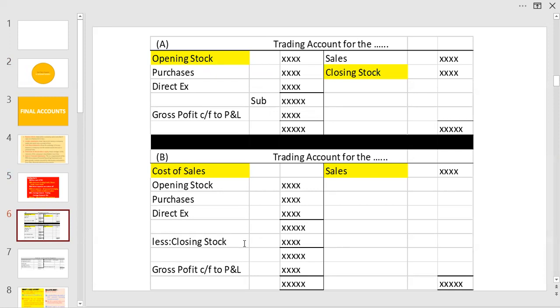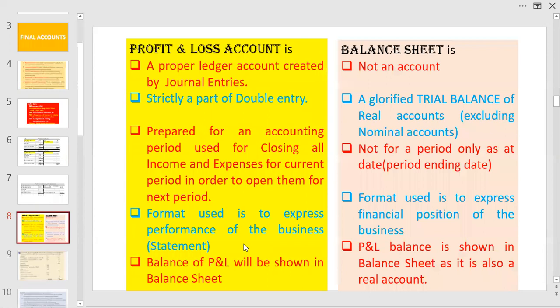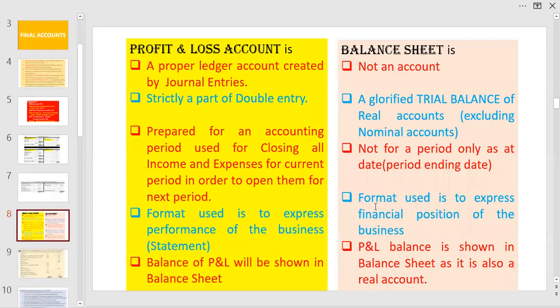Dear students, since P&L and balance sheets are prepared most of the time together, they are misunderstood as one, but it is not really so. While profit and loss account is part of the proper ledger accounts, balance sheet is not an account at all. P&L is part of double entry.